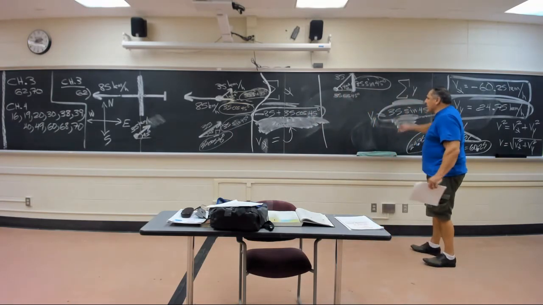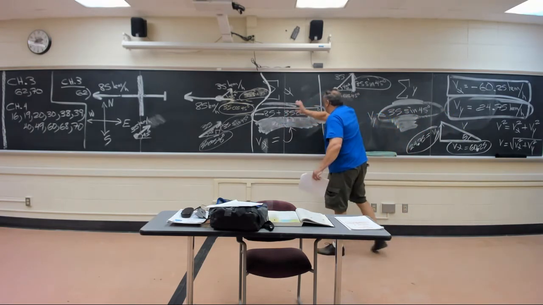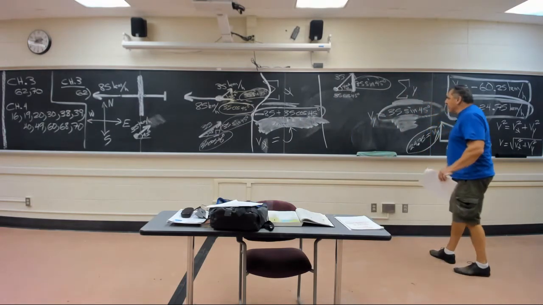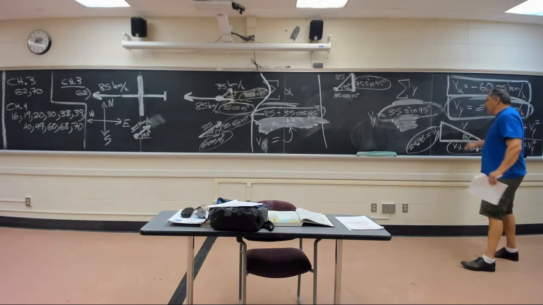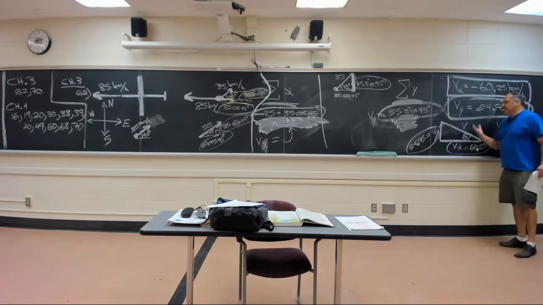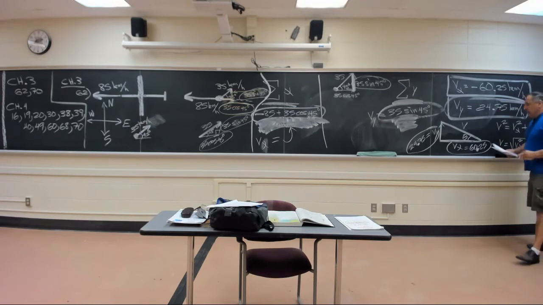Get an answer for Vy, square it. Add the two squares together and square root the sum. You'll get what V is.